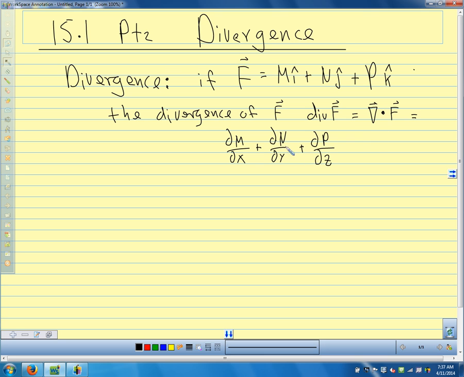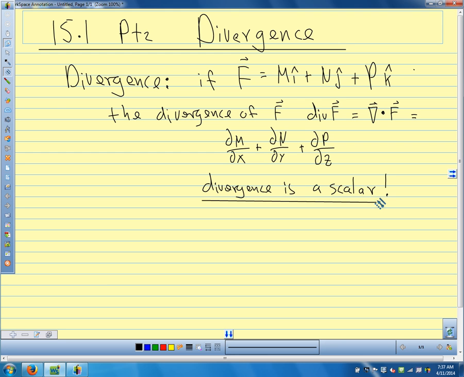It's important to remember here, since this is a dot product, the divergence is a scalar. Just like when we were doing dot products and cross products with vectors, a common mistake is for people to forget that a dot product is a scalar.